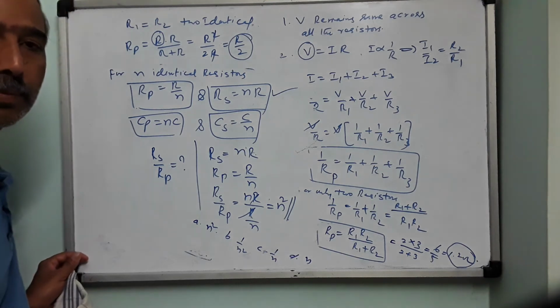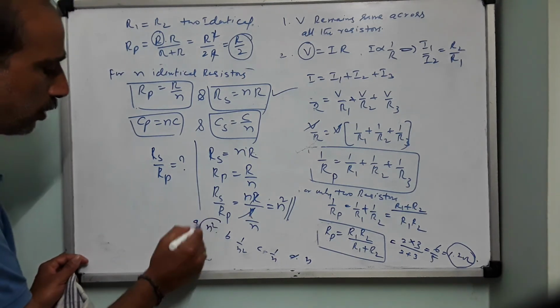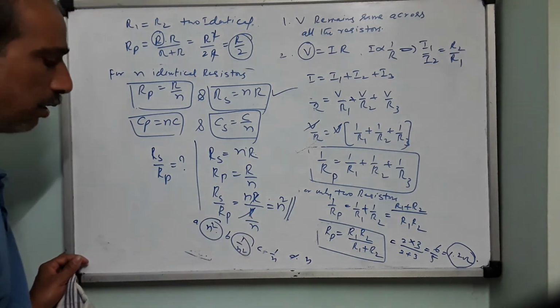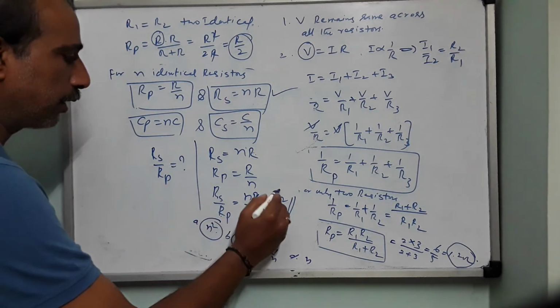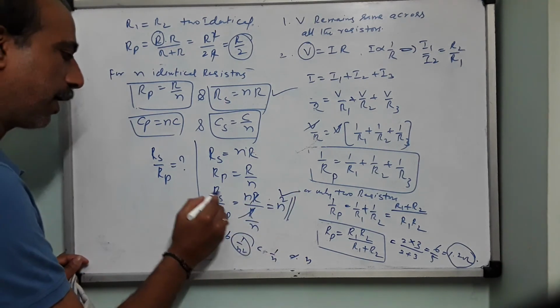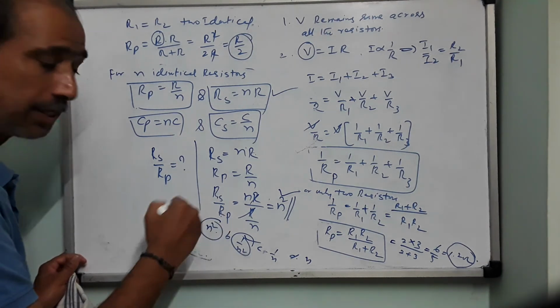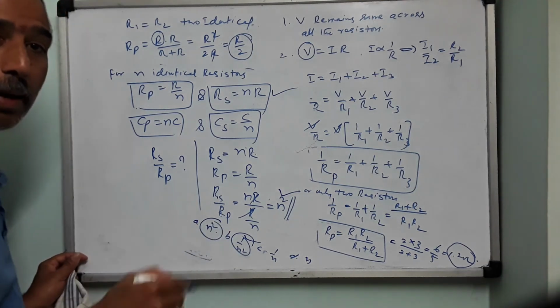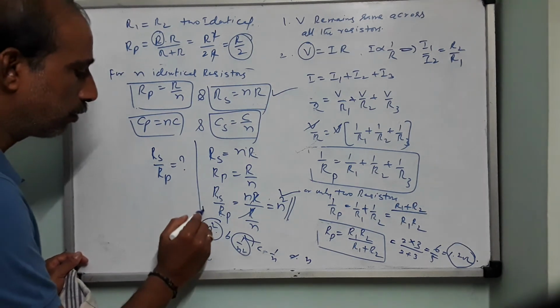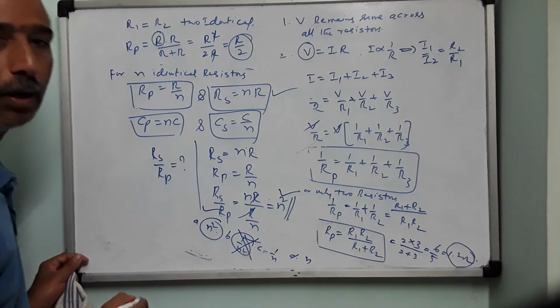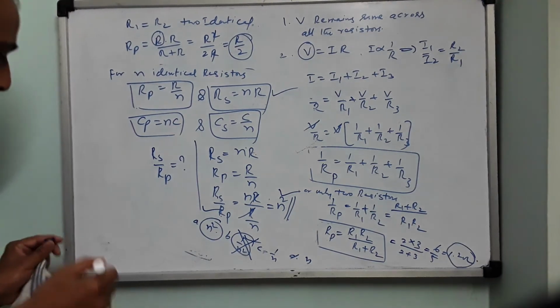Both of these answers are correct. If you take RS by RP, it is n square. If you take RP by RS, it will be 1 by n square. You have this idea, but you must see what is asked in the question, whether it is series to parallel or parallel to series. In such a case, one will be correct and the other will go wrong.